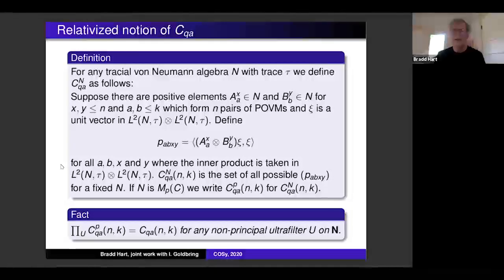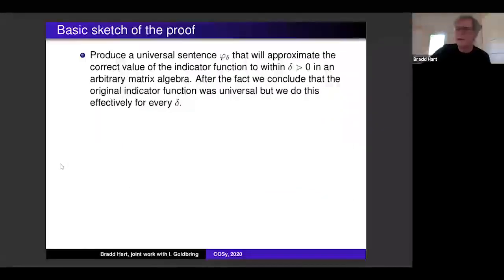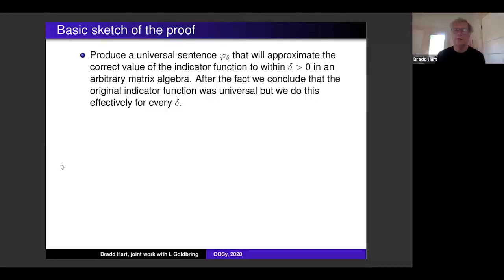All right, I think maybe I've got enough time to give you a basic sketch of the proof. We produce a universal sentence, depending on the tolerance I'm given. Remember how this tolerance will come: I'll take the MIP star equals RE result. It will give me a linear functional, an N and a K and something.